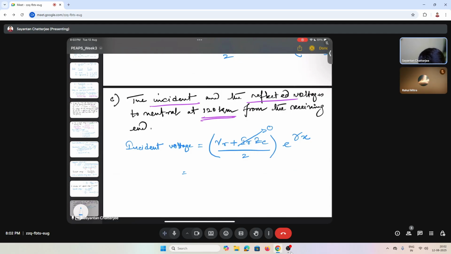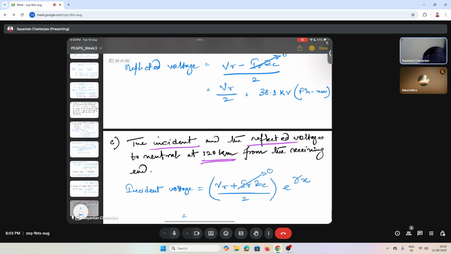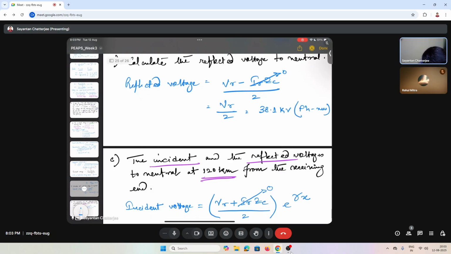So VR, line to neutral, is again required. So the line to neutral value will be VR by 2.